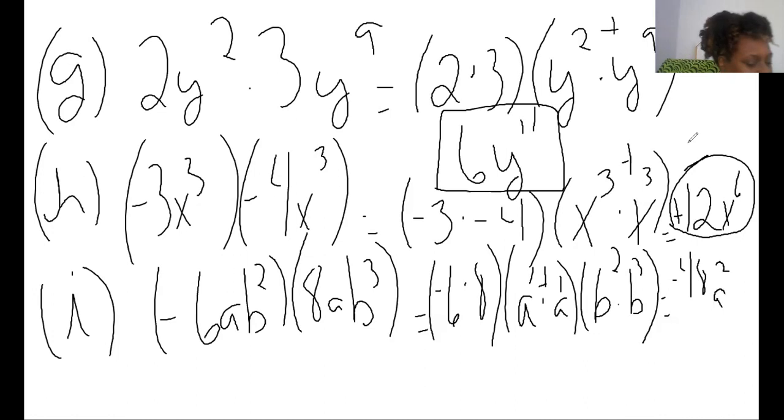And B to the second times B to the third will become B to the fifth. So final answer here is negative 48 A squared B to the fifth. And that is how we apply the product rule, okay?